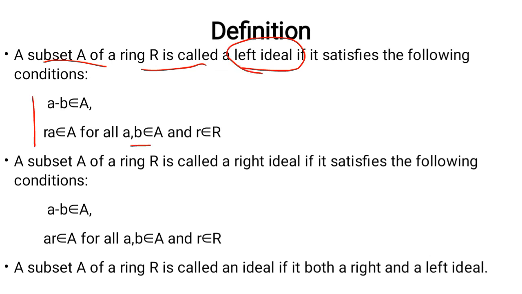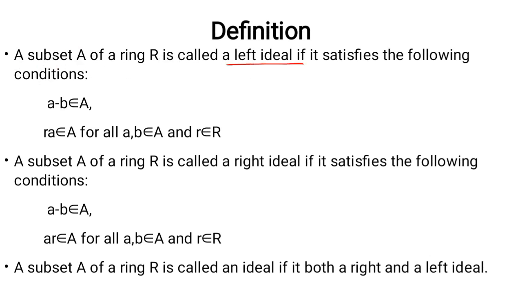If you pick a and b in the subset A, you can subtract or add the two elements, and whatever result you get will be in A. The second condition is that if you multiply on the left-hand side an element r from the ring itself with an element taken from the set A, which is a subset of R, the result will lie in A. Once these two conditions are satisfied with multiplication from the left, we say we have a left ideal.